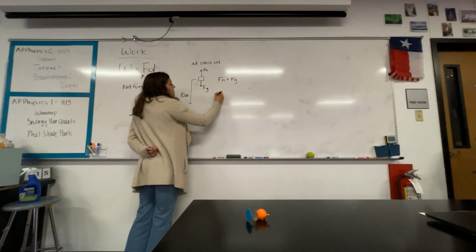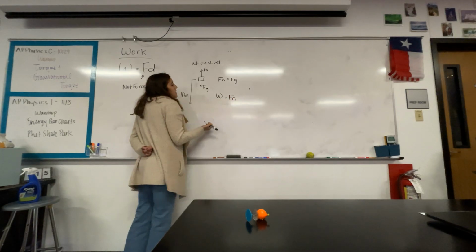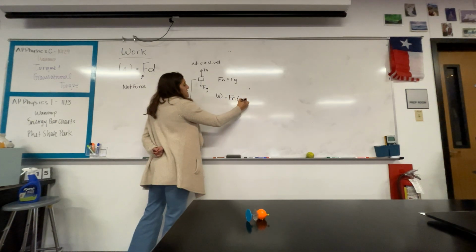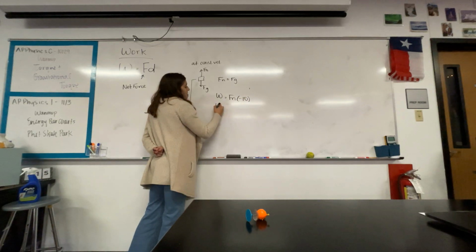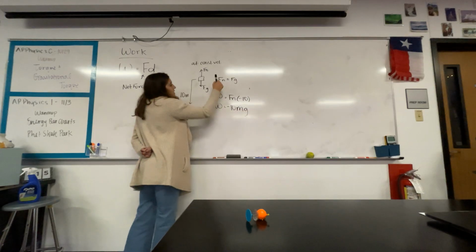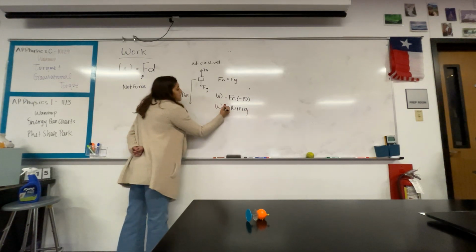Fn is going to do an amount of work in the positive direction. Fn is positive. The direction it traveled was negative, so the work done by this would be equal to negative 10 mg, because we said Fn is equal to mg. That's the work done by the normal force.